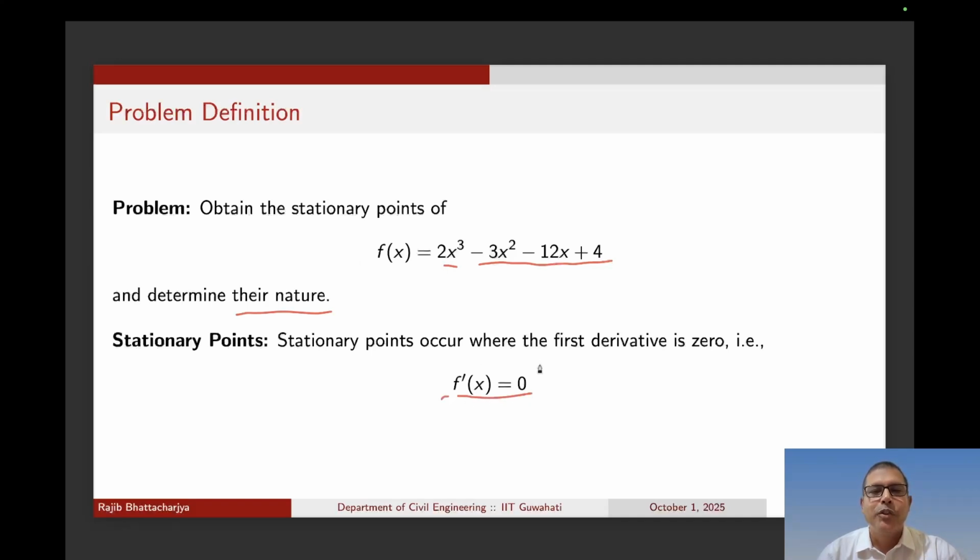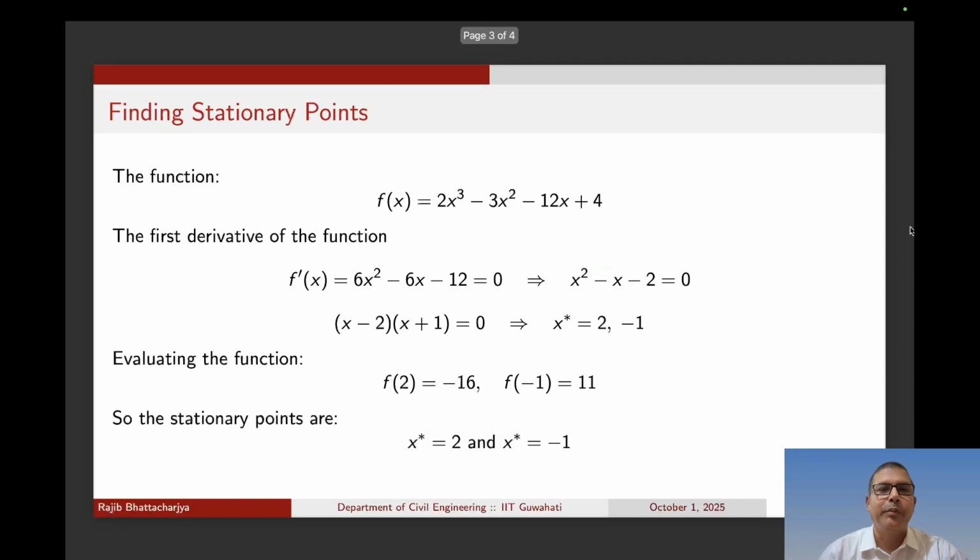The points where the first derivative is 0 will be called stationary points. So we'll apply the necessary condition for optimality and then we'll obtain the stationary points.